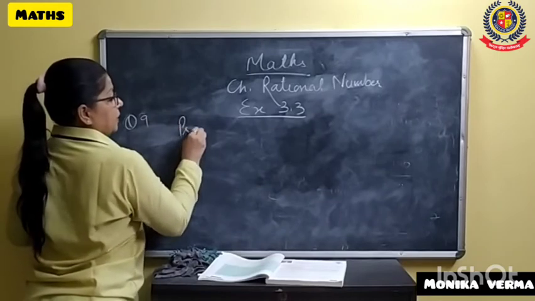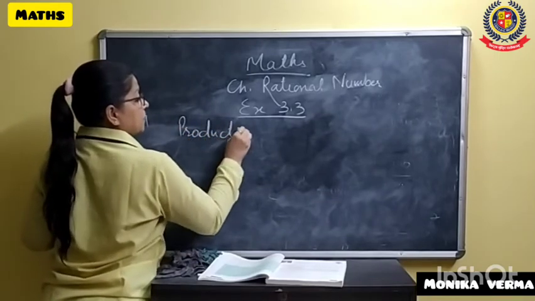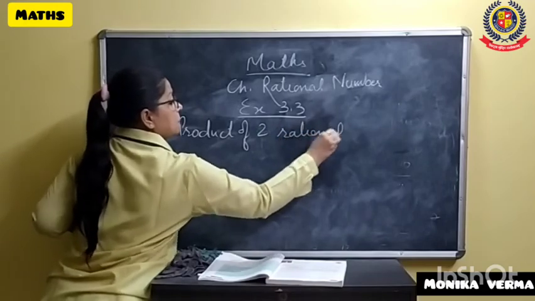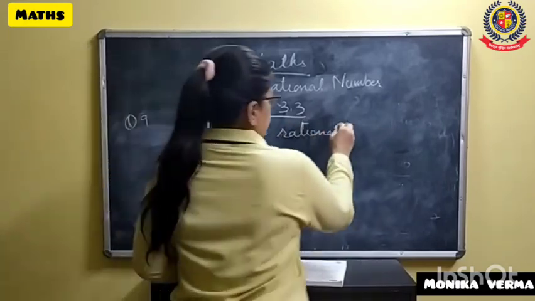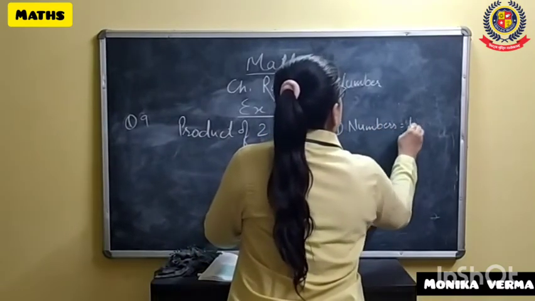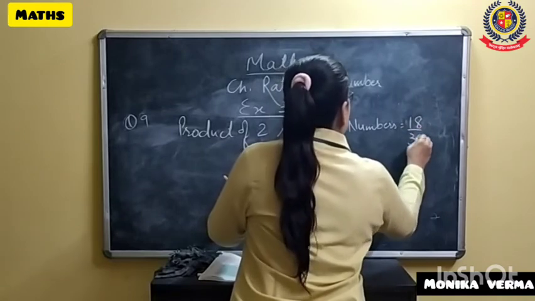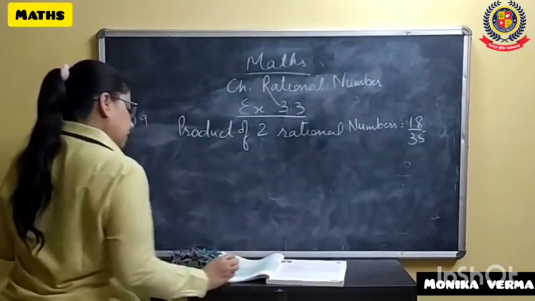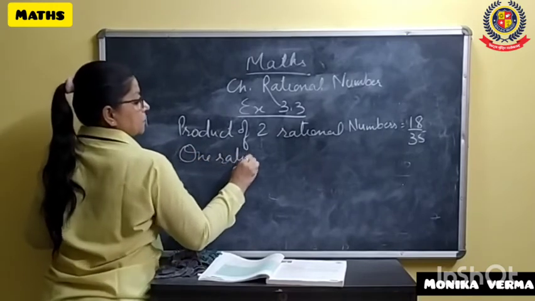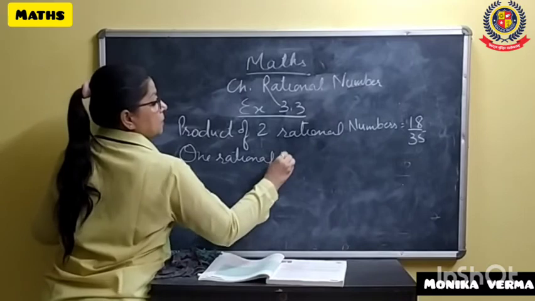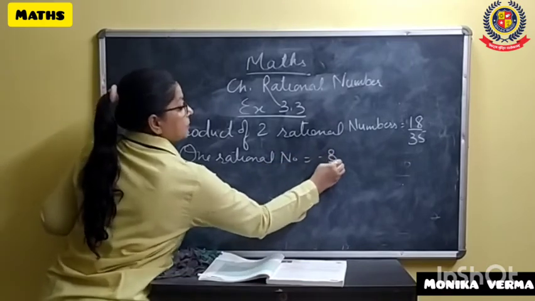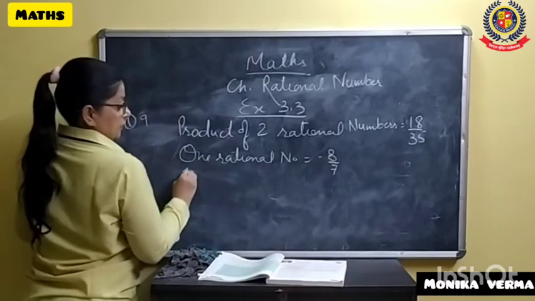So we will write product of two rational numbers is 18 upon 35. This is a rational number. One of the numbers is minus 8 upon 7. We have to find another.